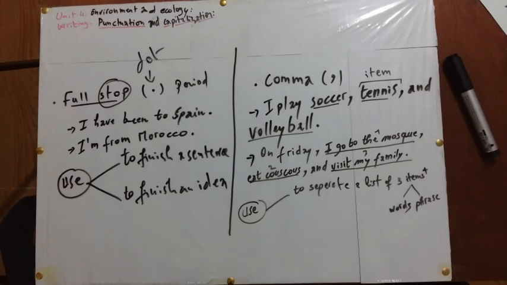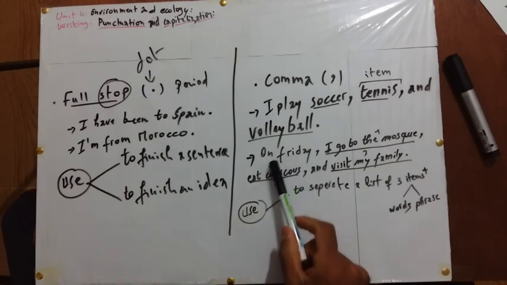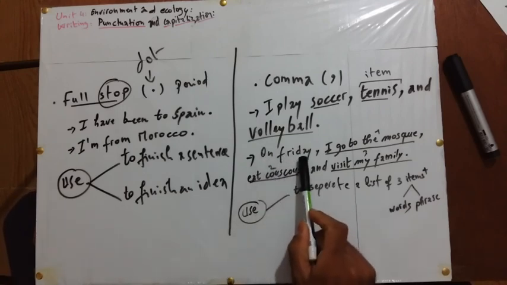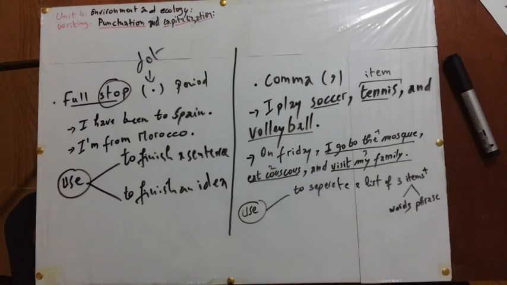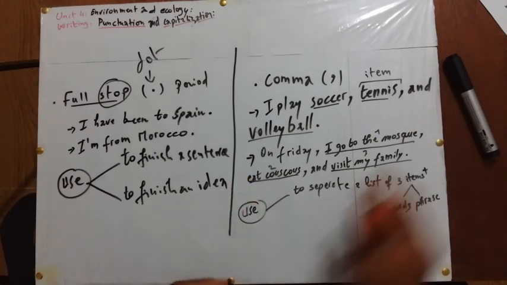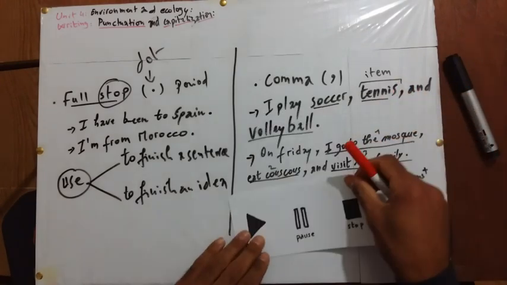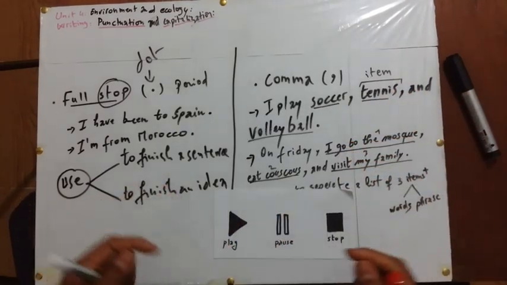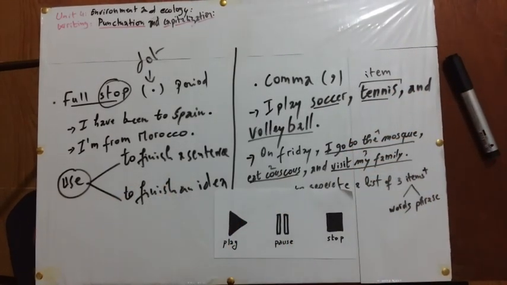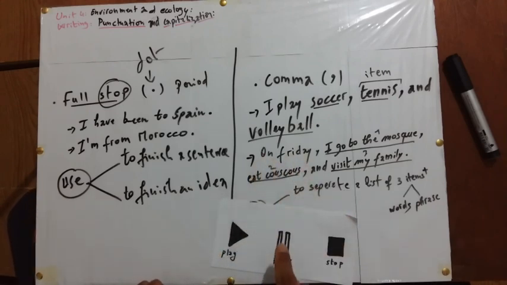Great. Now, let's look at this example here. On Friday, I use the comma here. Why? I use the comma here because I want to pause a little bit. Let's look at these symbols. I'm sure that most of you know these symbols. We use them for music. So here, on Friday, I pause a little bit, then I play.